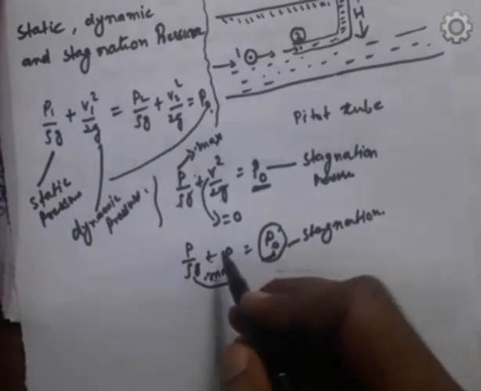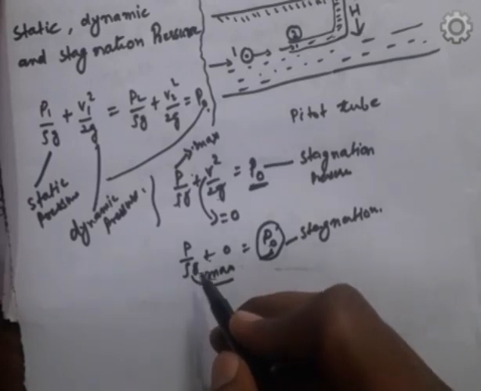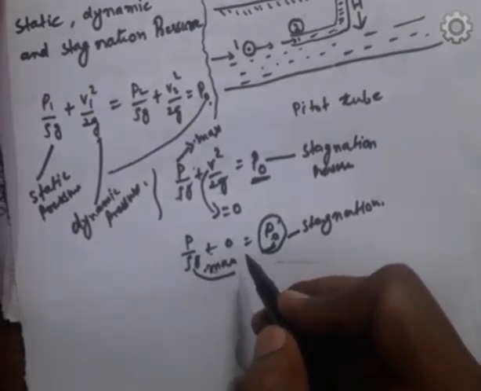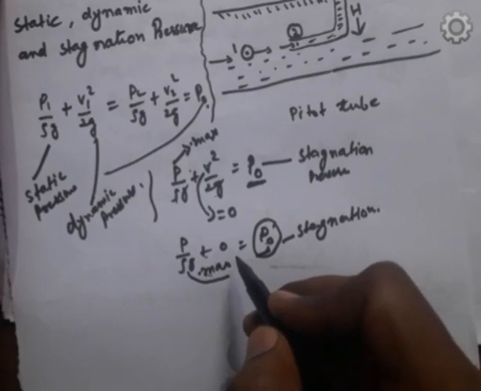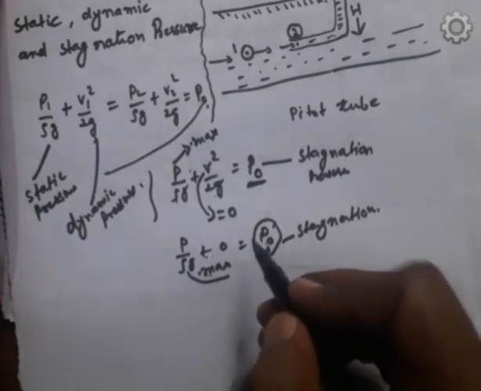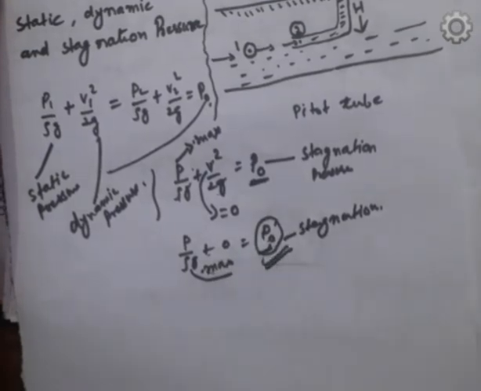The point where the velocity becomes 0 is called the stagnation point. So stagnation pressure is the pressure where the velocity of the flowing fluid becomes 0. It will raise the pressure, and that maximum pressure is called stagnation pressure.